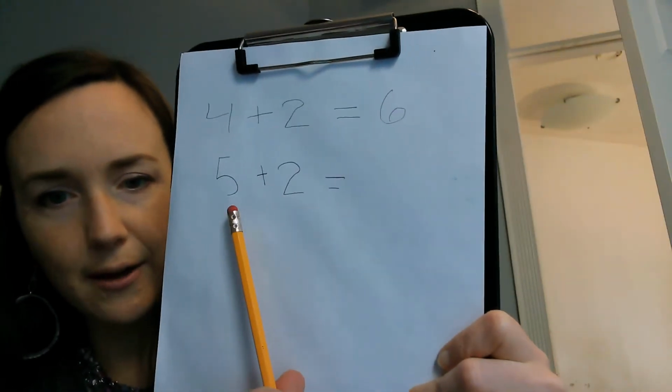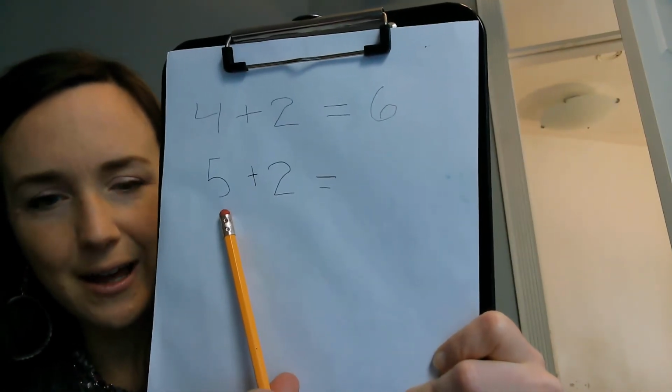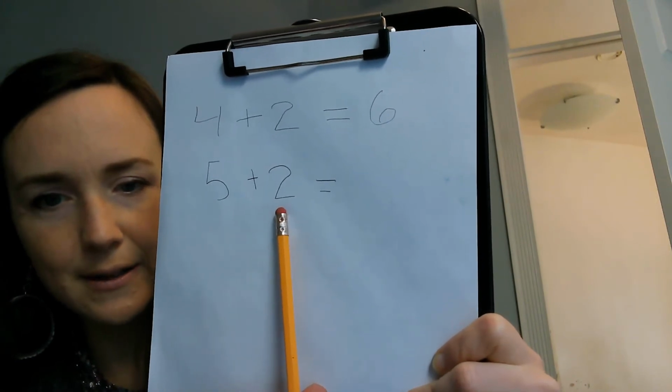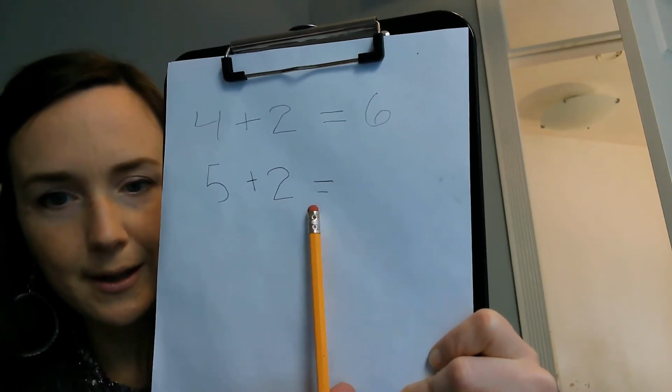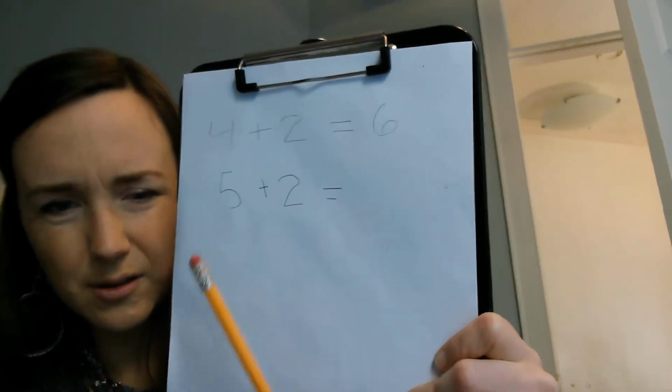So here we have 5 plus 2 equals, what does it equal? We'll use our abacus to find out. And even if you already know it, it's kind of cool to see the way it looks on the abacus. It really helps us start to be able to see this addition in our head. Help us to subitize it.